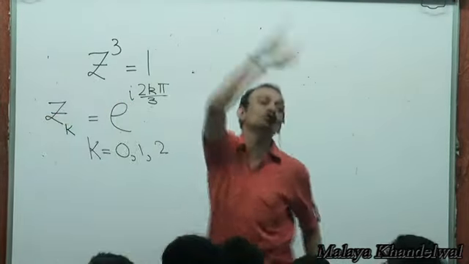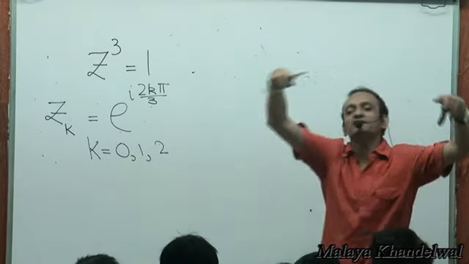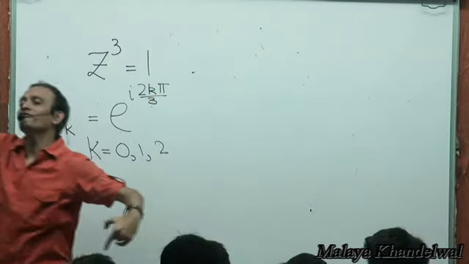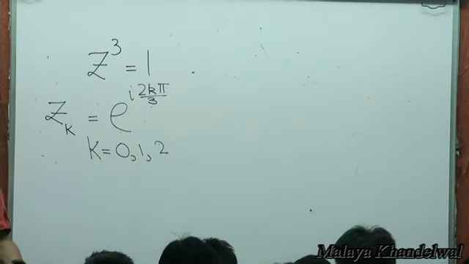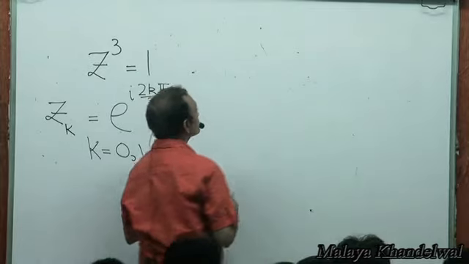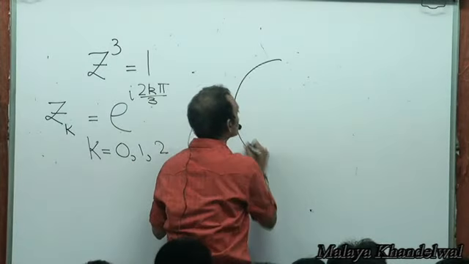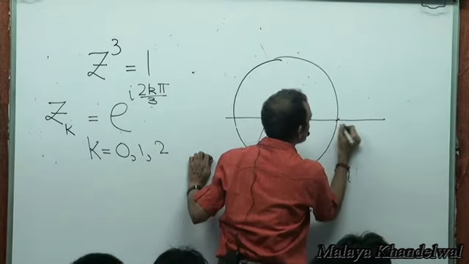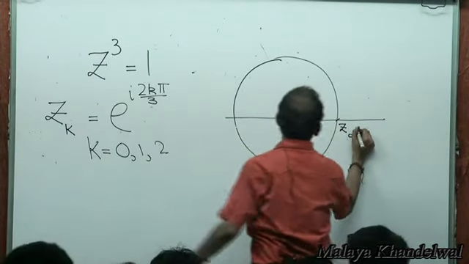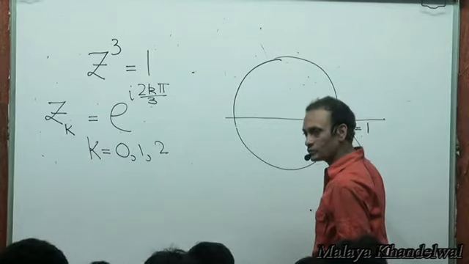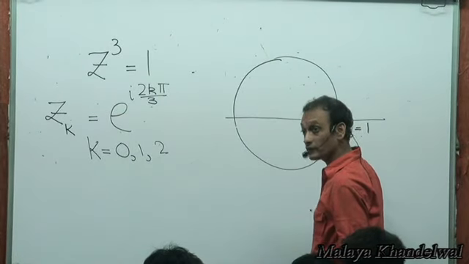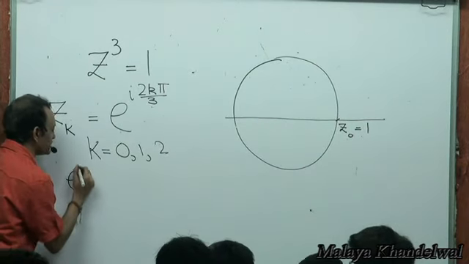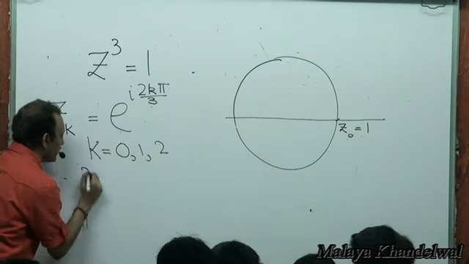So the 3 cube roots of unity lie on a unit circle centered at the origin, constituting vertices of an equilateral triangle. Right? So which means z0, for example, is 1, k equal to 0, z0 is one of the cube roots of unity, right? And do you realize that the angular separation between the various zk's is 2 pi by 3?